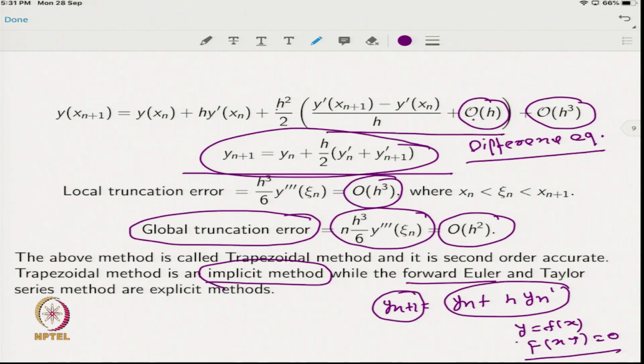So, now you can think of doing some examples, or some situations where the explicit method is more beneficial or the implicit method is more beneficial, or what is the advantage and disadvantage of explicit and implicit methods.